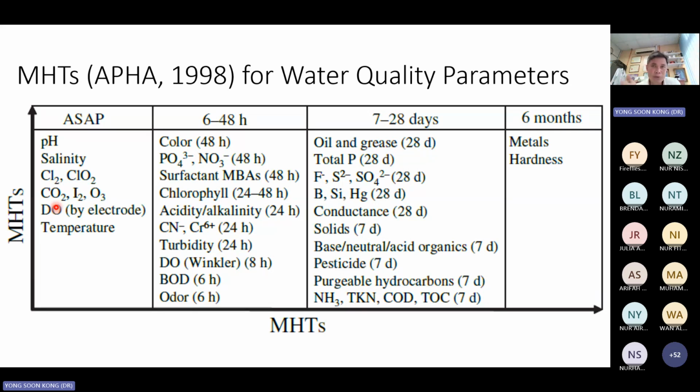Last week I showed you that probe. Put it inside the river water, straight away you can get the reading. pH and DO are the two readings that you have to take for your report, because you want to calculate the water quality index.